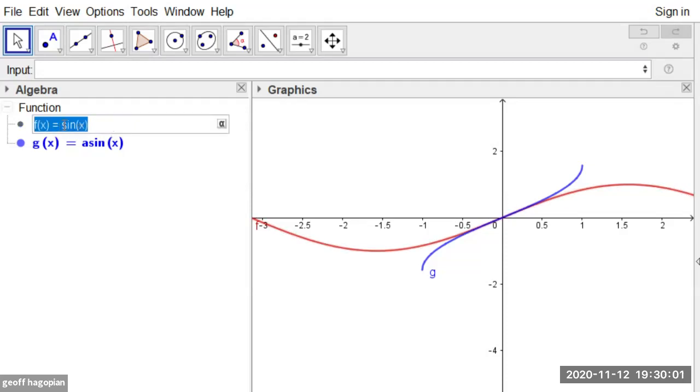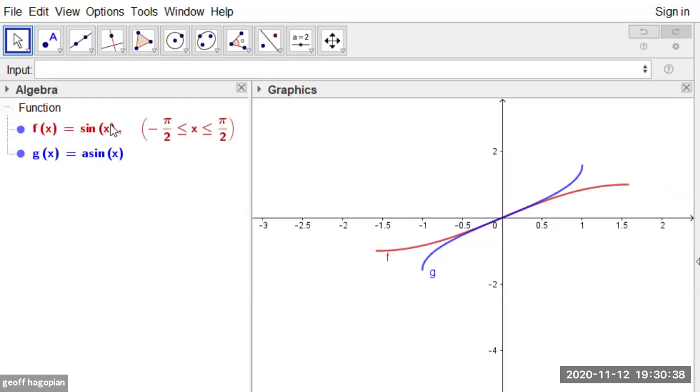So I'm going to say if x is between -π/2 and π/2, then give me sine of x.